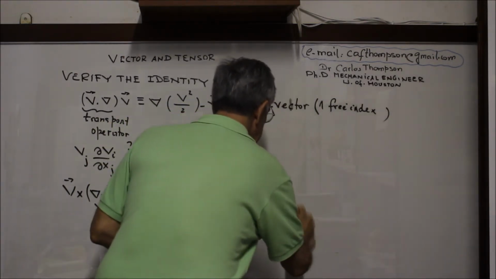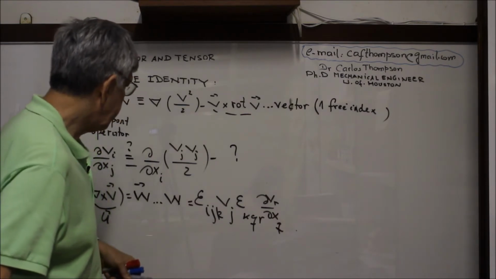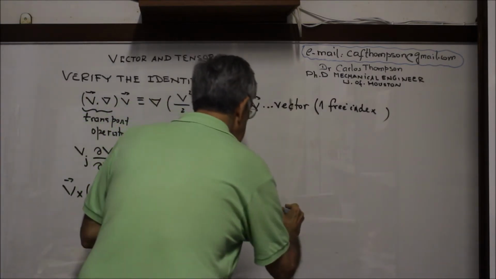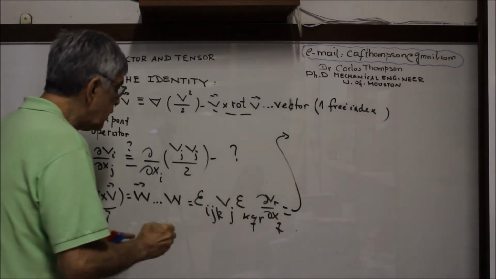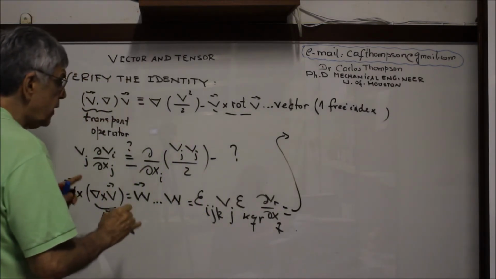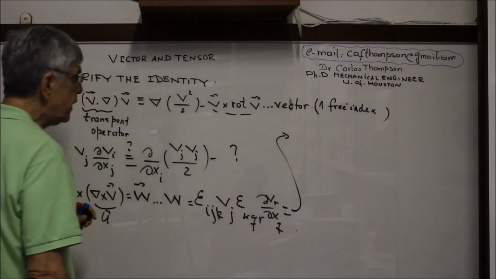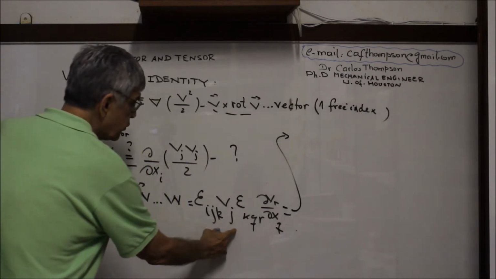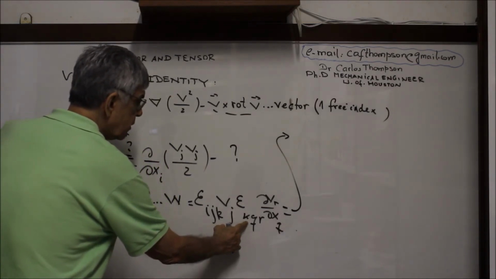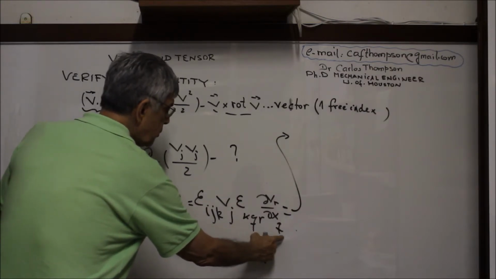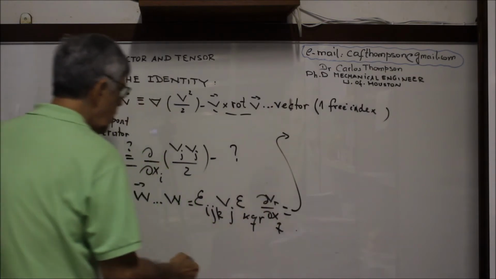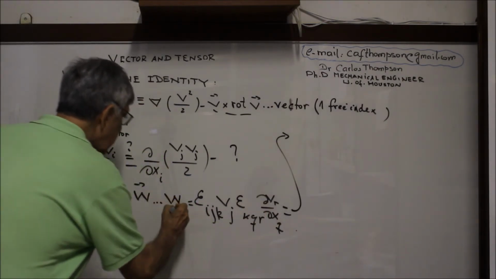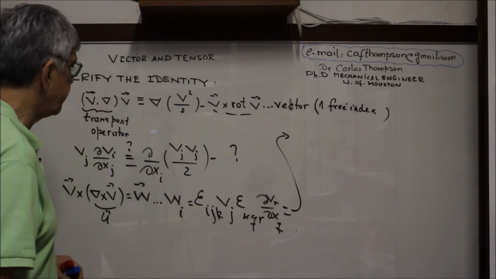This will be epsilon, I'll write down over here. Look here, what is the free index over here? J with J, K with K, Q with Q, and R with R. That's why I call it WI over here.